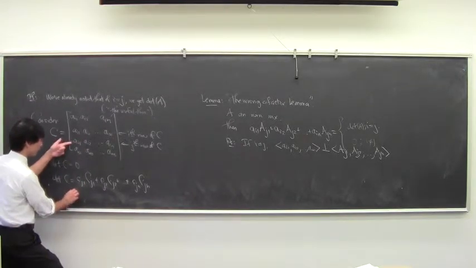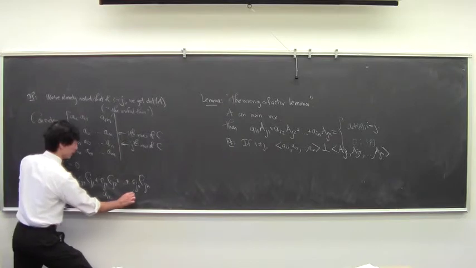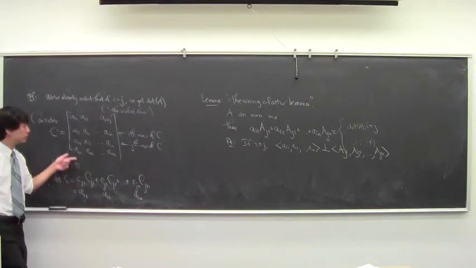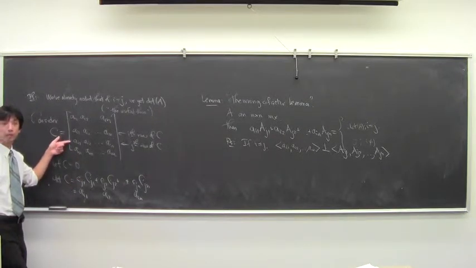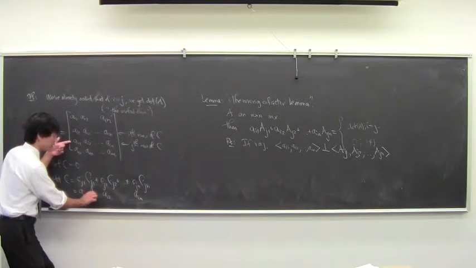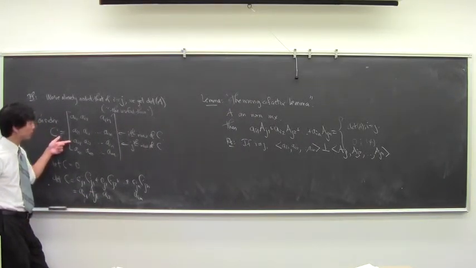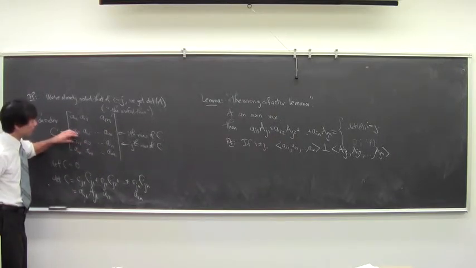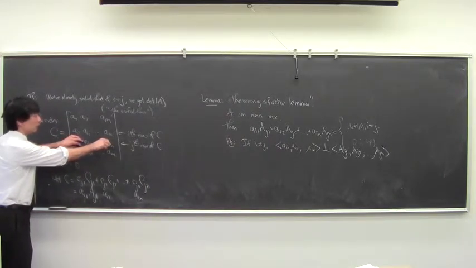c_j1 is, of course, a_i1. These guys are all a_i. Capital C_j1 is the same thing as capital A_j1, because we're taking the cofactor, which means that you take -1 to the something plus something, and then you take the determinant of the minor matrix.